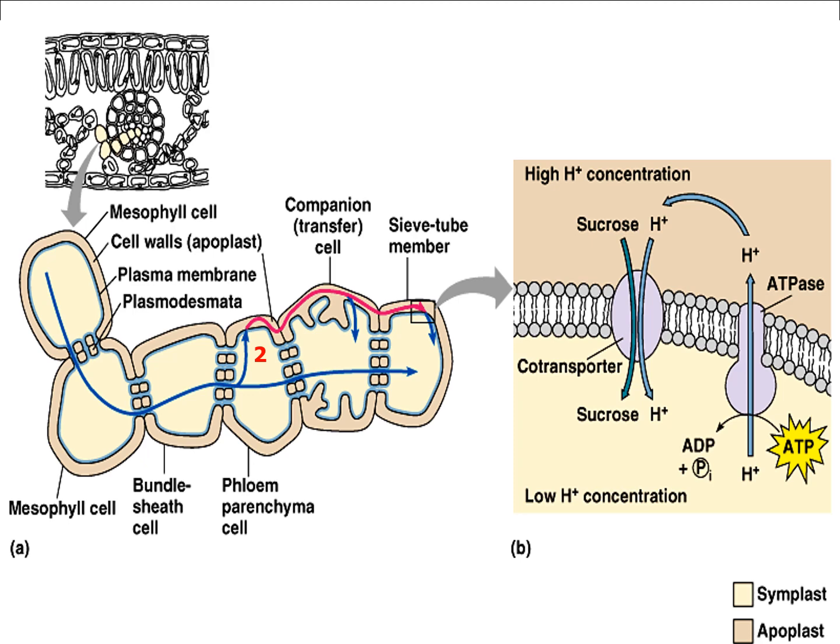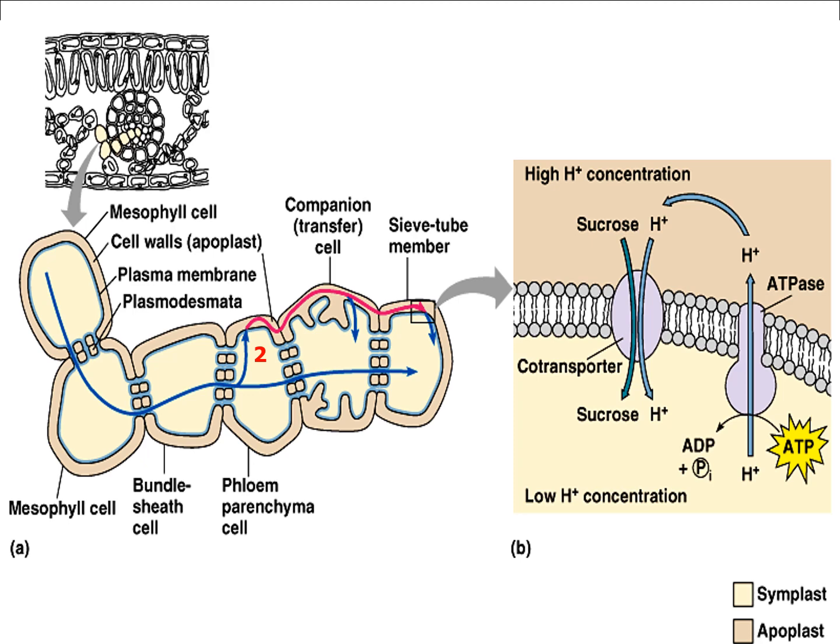Proton pumps at the plasma membrane first generate a hydrogen ion gradient, which drives sucrose uptake across the membrane via a cotransport protein that couples sucrose transport with the diffusion of hydrogen ions back into the cell.